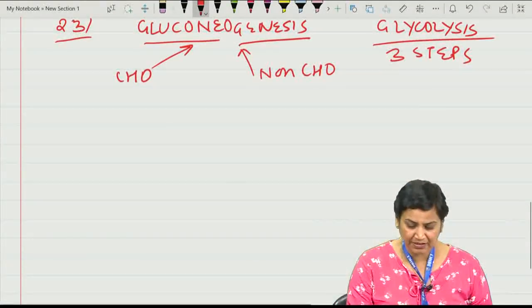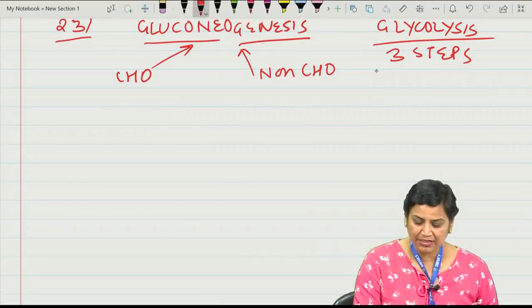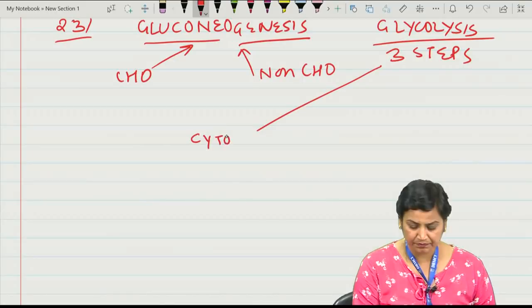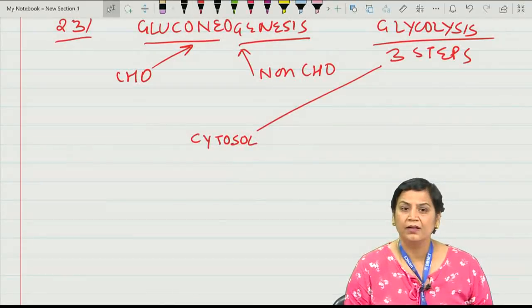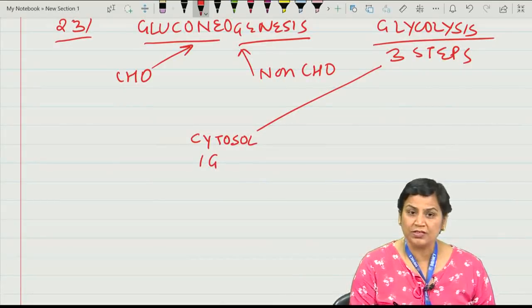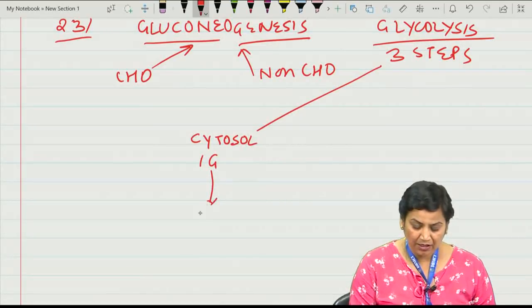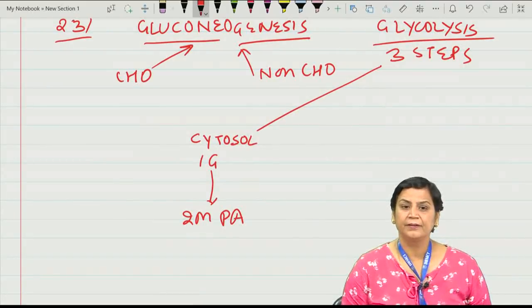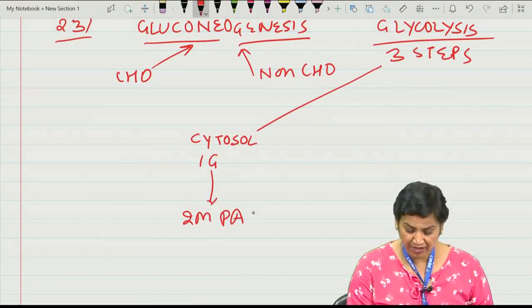Now see, what happens is, glycolysis is occurring in the cytosol. The result of glycolysis is that 1 molecule of glucose will be degraded to form 2 molecules of pyruvic acid, which has 3 carbon atoms.